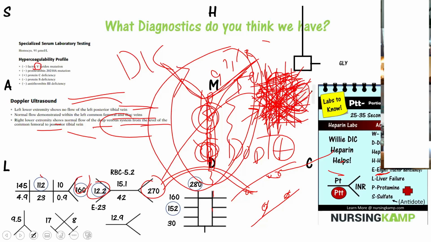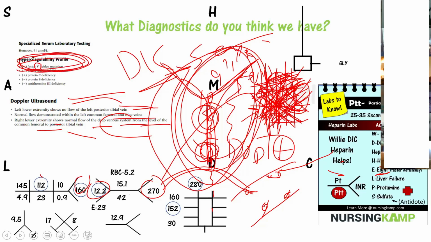That's kind of how it works, and it keeps on doing this over and over and over again. That's why DIC is a problem. That's why sepsis is a problem. You only have so many clotting factors. So if you have a deficiency, and that's why they're checking that, you're going to have problems clotting, right? And that's what they're talking about.